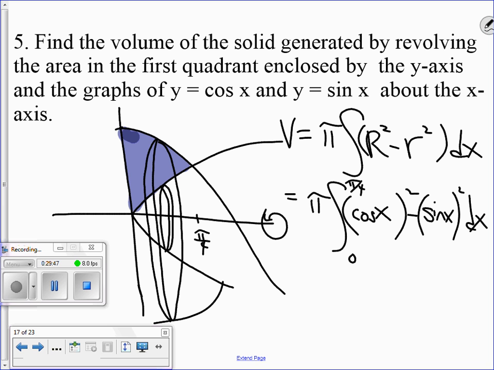What is it? 1 minus cosine squared. Nope. It's cosine of 2x. If you knew that, you could then integrate it. But you can't integrate these separately because you can't think of this as a u squared. You don't have a du. So this one you could just do on the calculator, unless you want to do it that way.